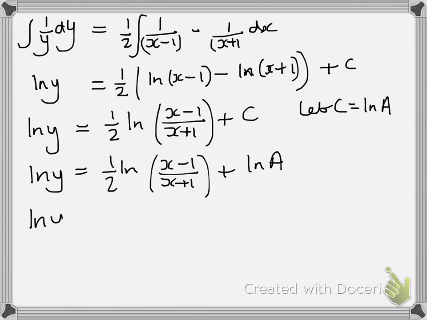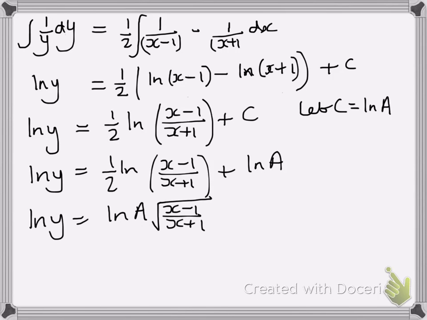Ln y equals, I'm going to bring my half up, which becomes x minus 1 over x plus 1 to the power half, which is the square root of x minus 1 over x plus 1, and plus ln a becomes multiplied by a.